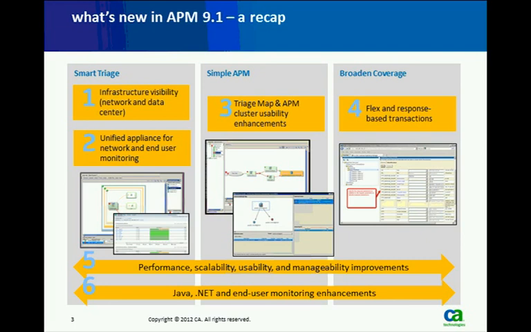And when I talk about a quick recap, I really just want to recap the first couple of things listed here in terms of what was delivered as key features together with 9.1. The first is around infrastructure visibility with respect to network, data center, virtual systems, and physical systems.